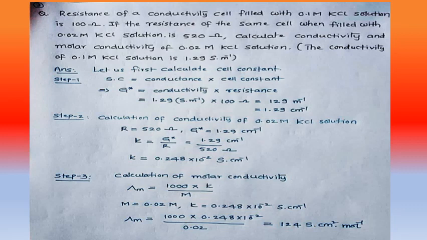Next question. Resistance of a conductivity cell filled with 0.1 M KCl solution is 100 ohms. If the resistance of the same cell when filled with 0.02 M KCl solution is 520 ohm, that means in the second case, when it is 0.02 M, the resistance is 520 ohms.